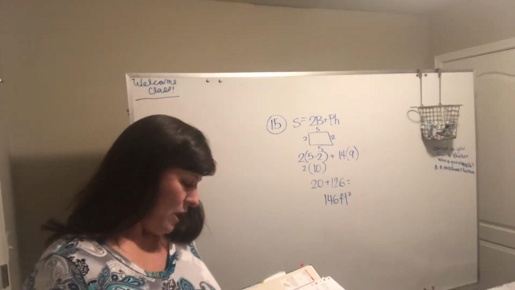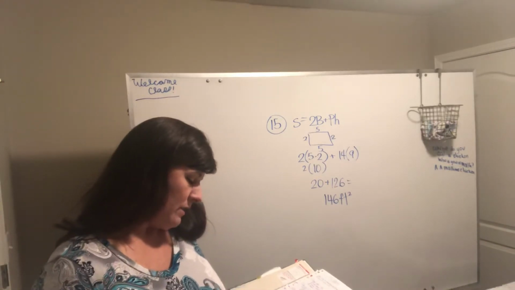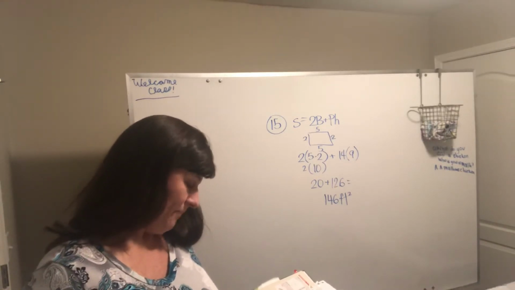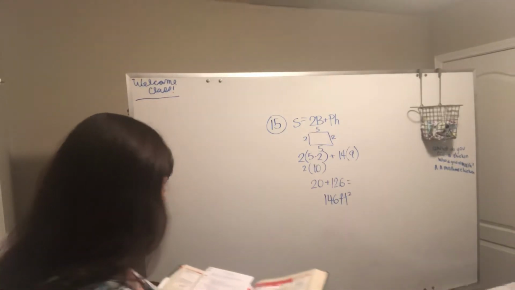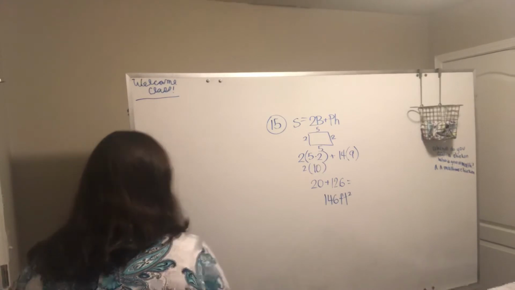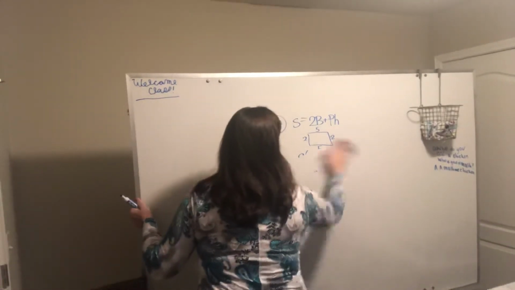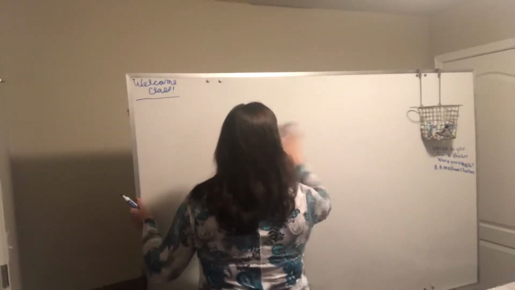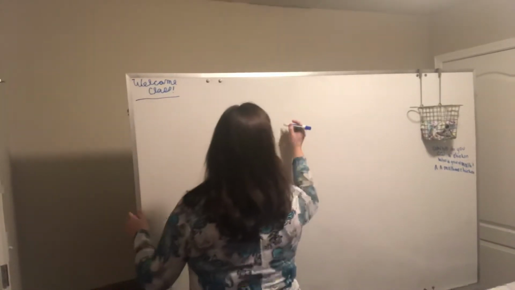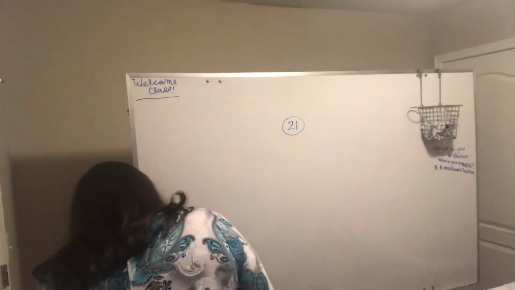You have pyramids and cones, so let's look at 21. 21 is talking about a square pyramid with a base area. So right there for 21, it gives you the base area. So pay attention to that. If it gives you the base area, it already gives you capital B. So, number 21, okay?